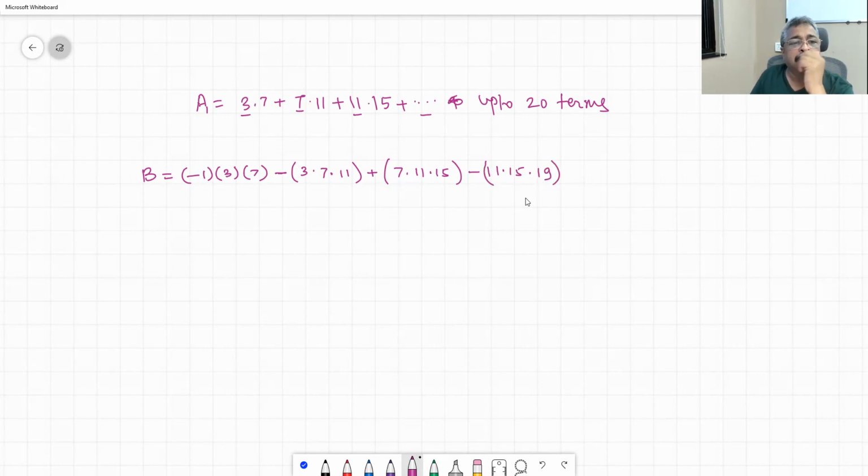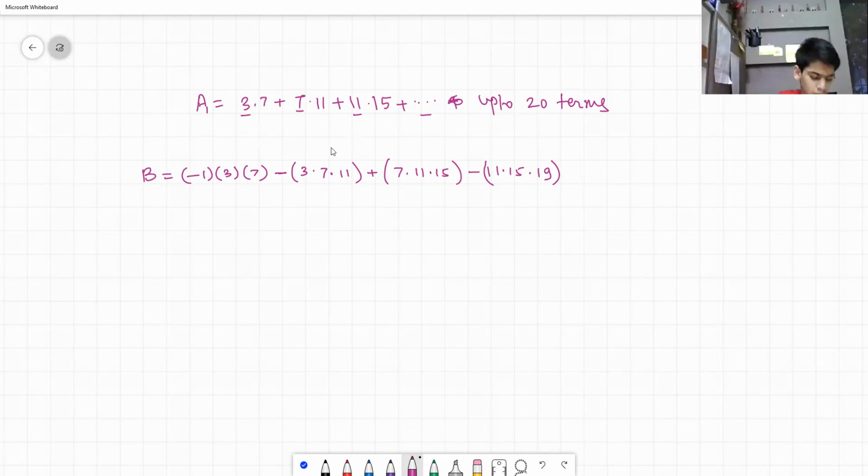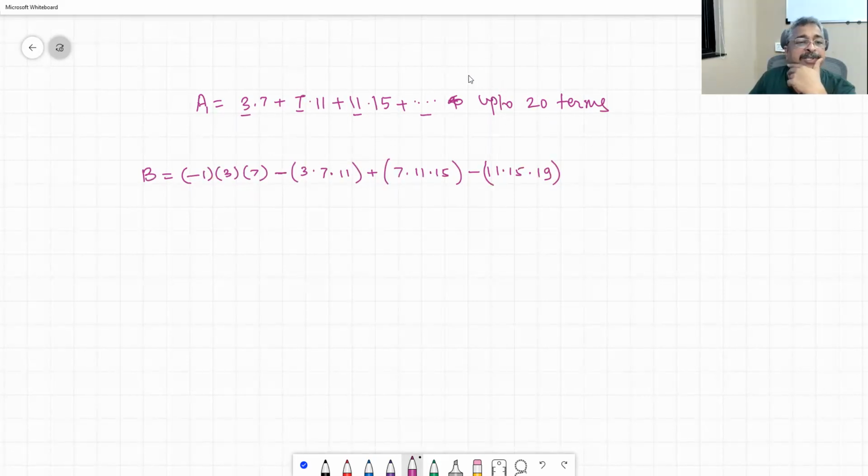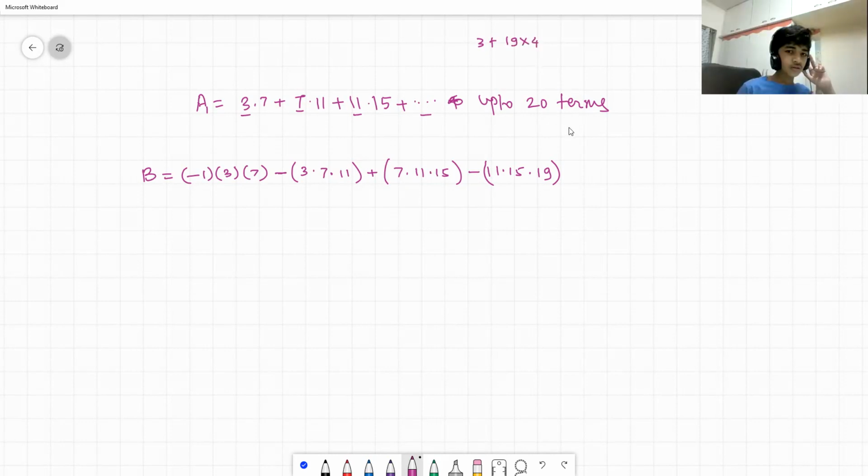And what is the last term? Last term, the nth term, we must have found out. Can you tell me what is the last term in this sequence? For the 20th term, it is 3 plus 19 times 4, which is 79. So 79 into 83.